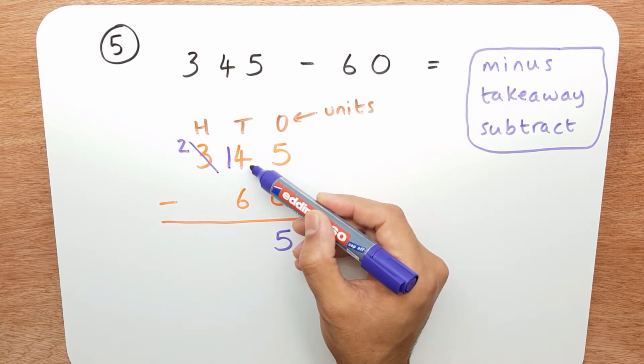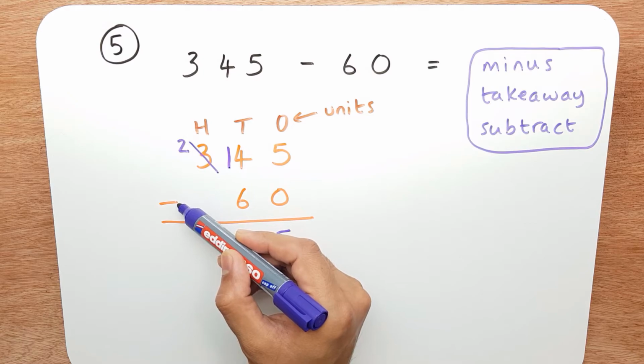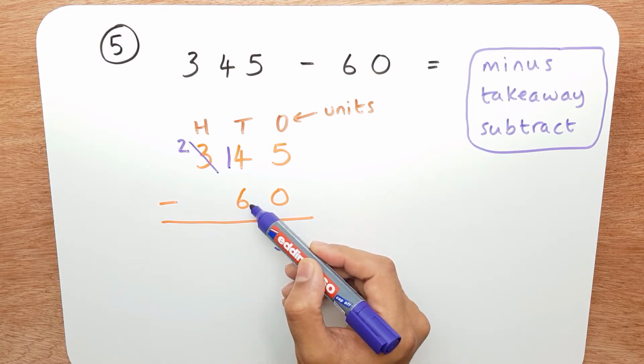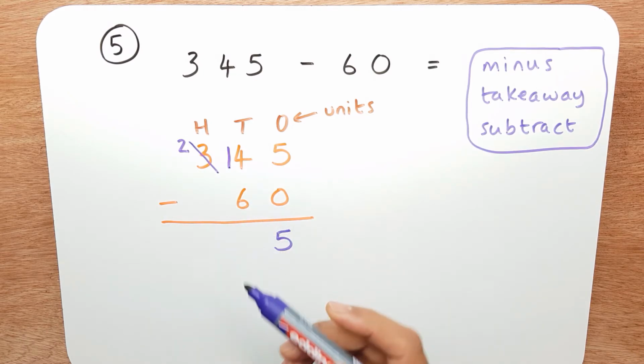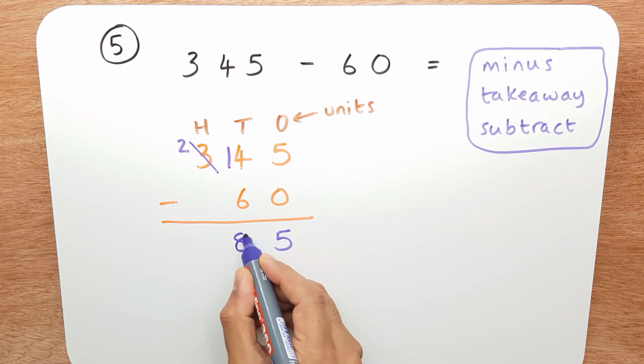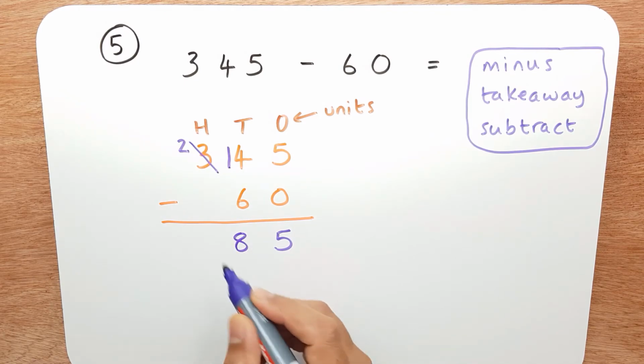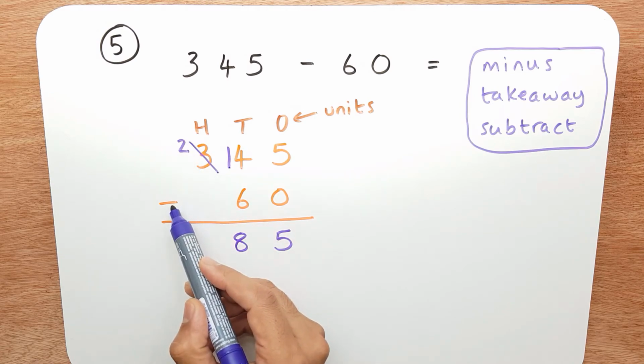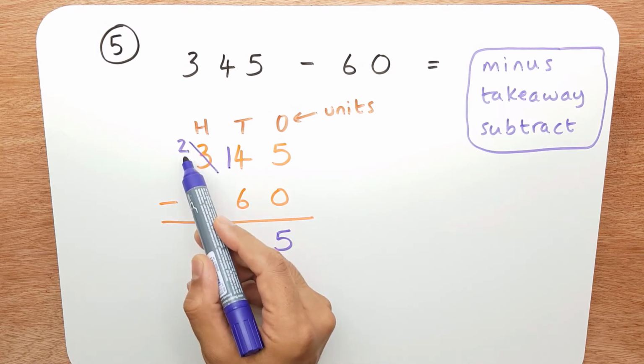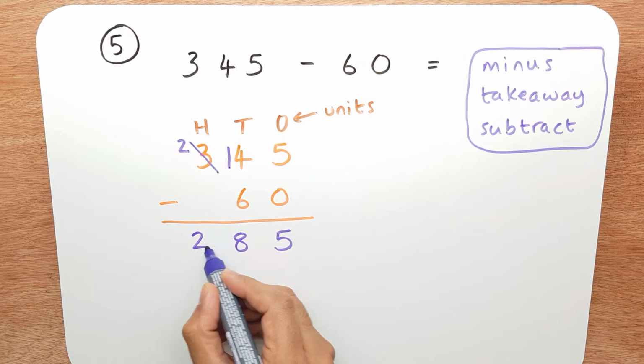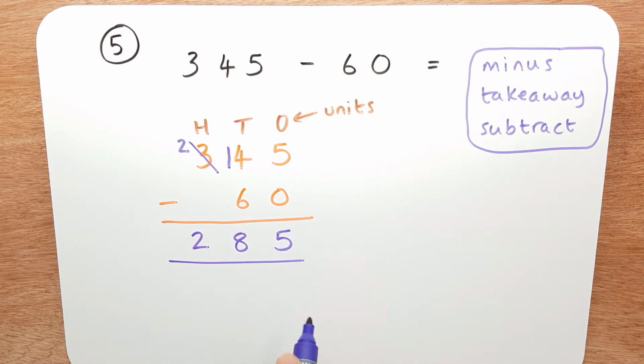So now we have 14 take away 6, and that is 8. And 2 take away, there's nothing here, so it's 2 take away nothing, which is 2. So our answer is 285.